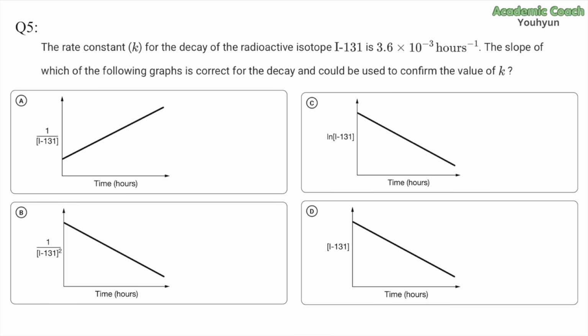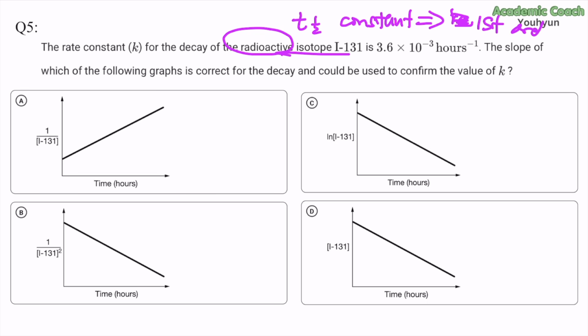So, since this is a radioactive isotope, this means that its half life is constant. And when half life is constant, this means that the reaction is first order in the radioactive isotope I-131. So, this is first order.